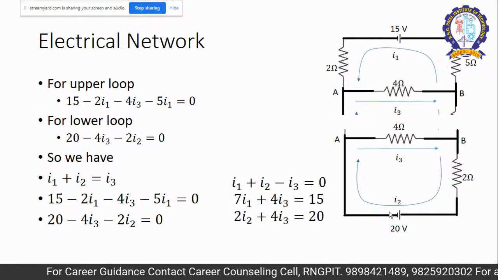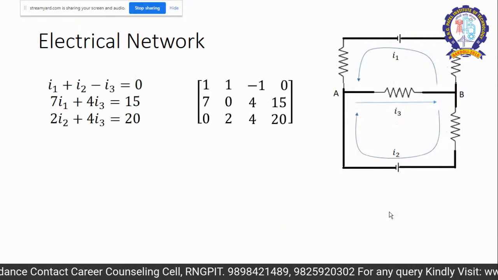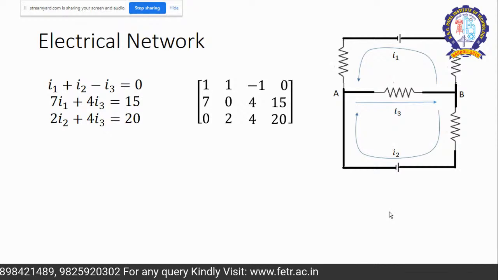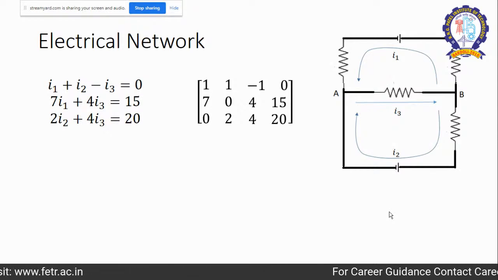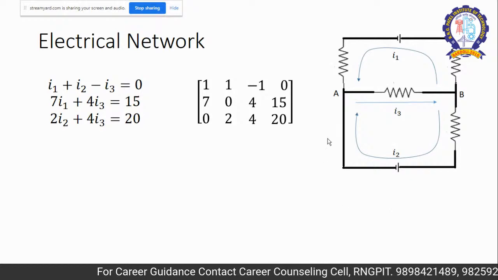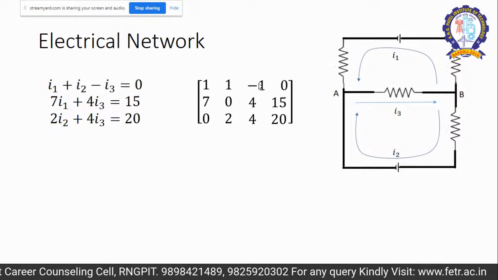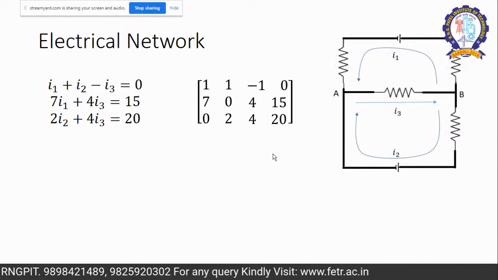That gives us the matrix form: 1, 1, minus 1, 0. The second row is 7, 0, 4, 15. The next is 0, 2, 4, and 20. The first column is related to I1, the second to I2, the third to I3, and the last is the constant.